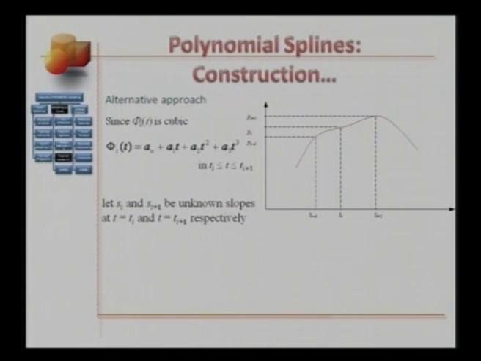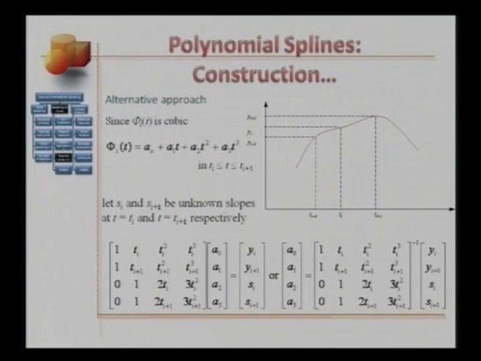Now let's say that s i and s i plus 1 are unknown slopes at values of t equals t i and t equals t i plus 1. Okay, now in terms of the two positions and two slopes, what do we have? We have a linear system in the coefficients.